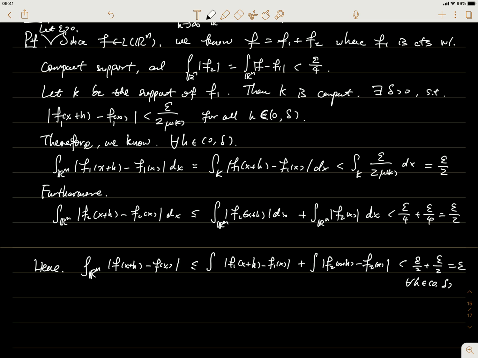And this shows that the limit of this integral goes to 0 when h goes to 0.